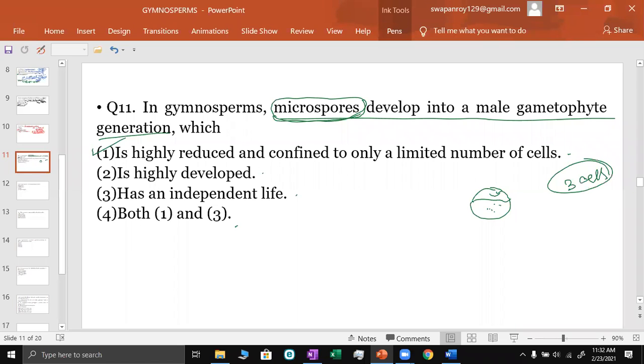Initially the microspore is a single cell structure, so it is limited to only a limited number of cells. This is highly reduced, not highly developed, and has no independent life. In gymnosperm and angiosperm, the gametophytic stage has no independent life.